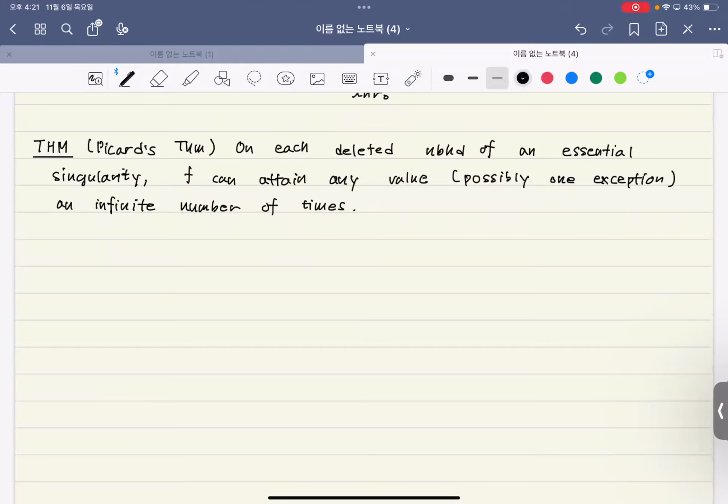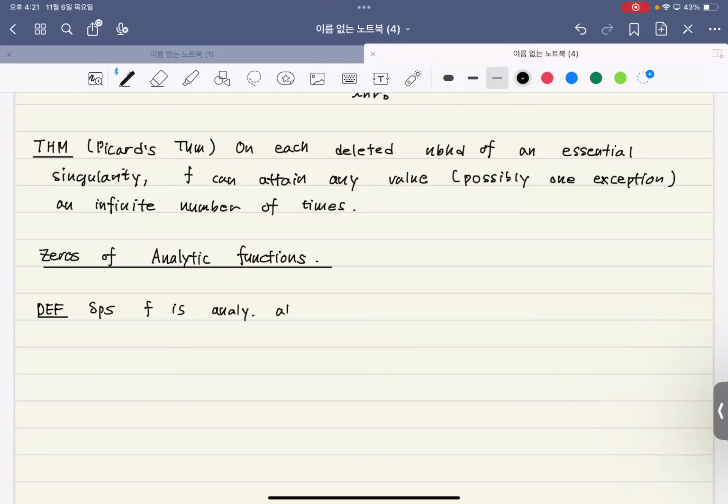Now we want to talk about the zeros of analytic functions. I'll begin from the definition. Suppose f is analytic at z0. Since f is analytic, then f is automatically infinitely many times differentiable at this point.